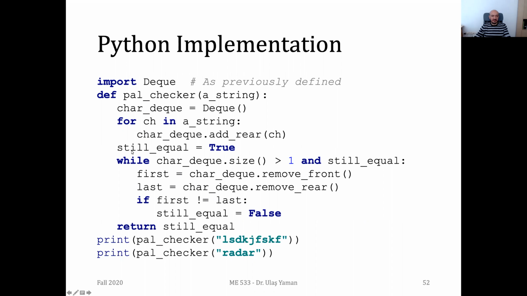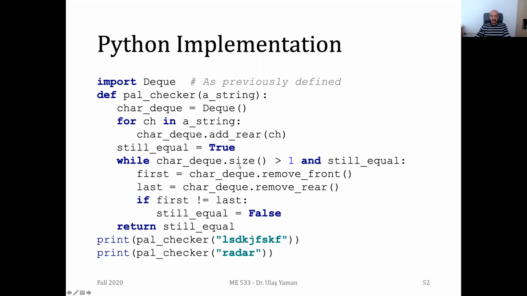And we have a variable. Initially, this variable is true. We are assuming that the given word is a palindrome, but during our checking operations, we may come to the conclusion that this should be false. So let's continue the checking operation here.